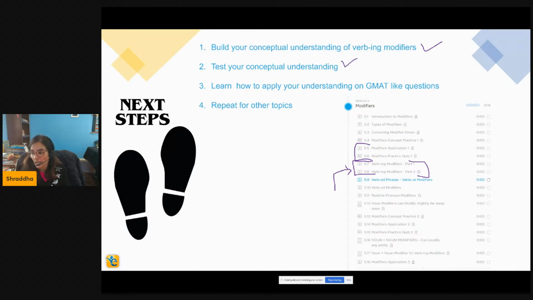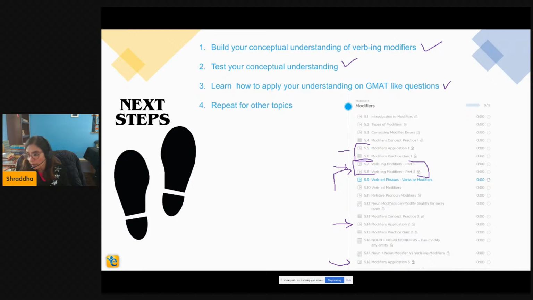Test your conceptual understanding. We have a lot of application files, we have practice quizzes, we have quizzes inside these concept files, pre-assessment quiz and post-assessment quiz that always test your conceptual understanding. Also learn how to apply this. You do that through the application files that we have in every module.